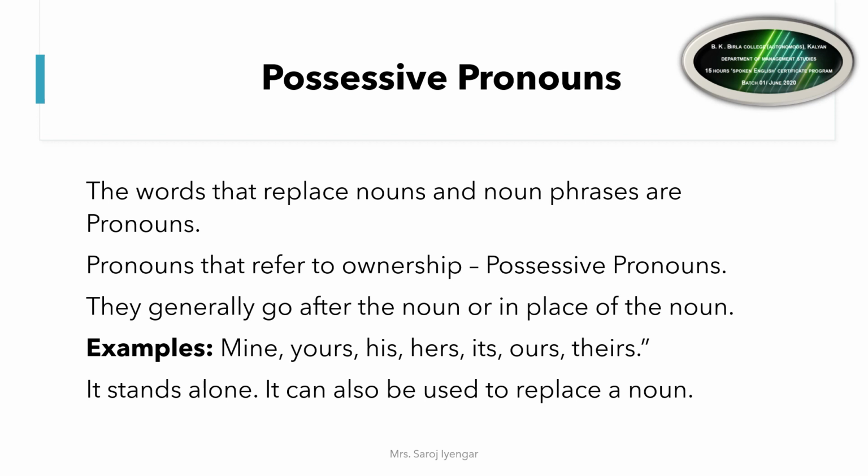Correct? Now, whenever we want to use a pronoun to show possession, we cannot use subject pronouns. I'll give you an example. Suppose I say, this is my brother, he name is Alex. I'll repeat the statement again. This is my brother, he name is Alex. No, this is wrong English, because he is a subject pronoun.